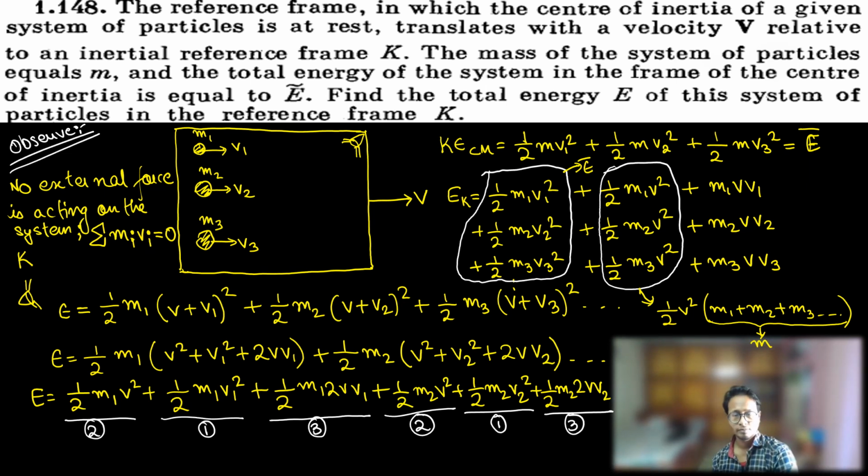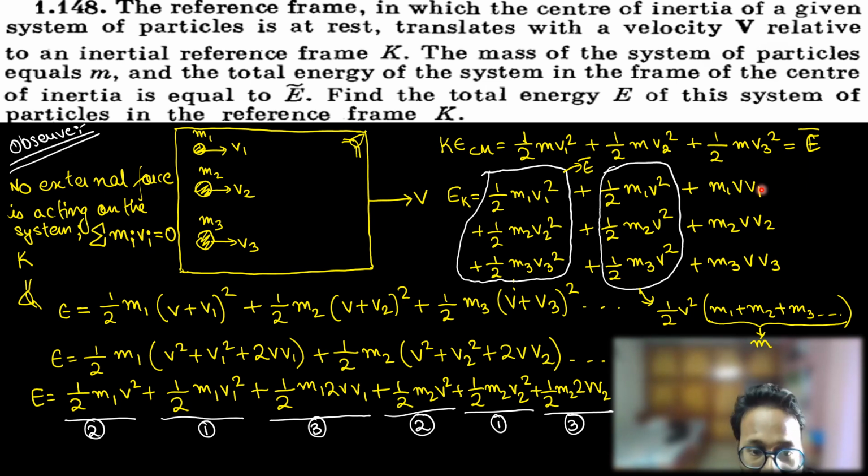Now the third part: if I take v common here, it would be m1 v1 plus m2 v2 plus m3 v3. Now what is m1 v1? The product of mass into velocity is momentum, isn't it?